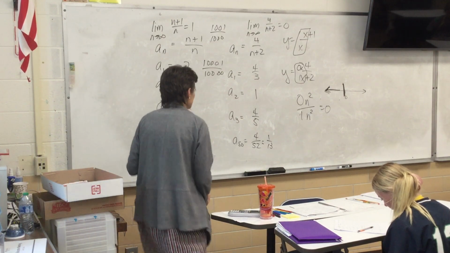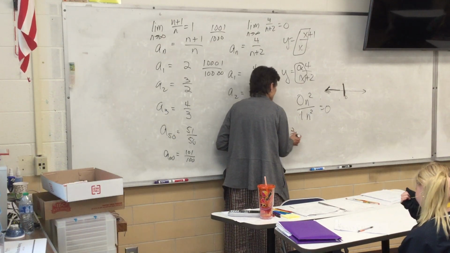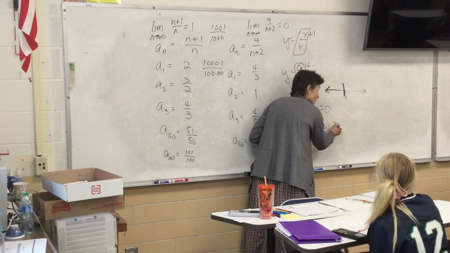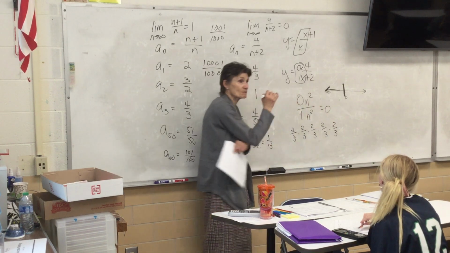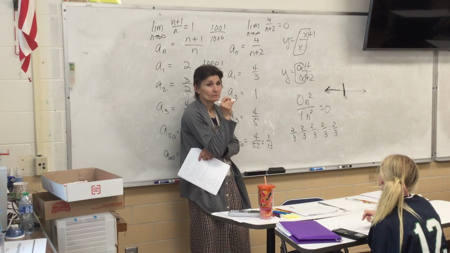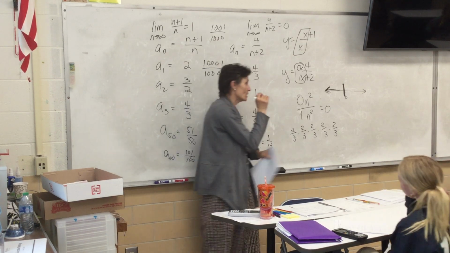Think about it, kids. If you keep multiplying by 2/3, isn't your number getting smaller? Will it ever be negative, though? No. So what's its limit? 0.